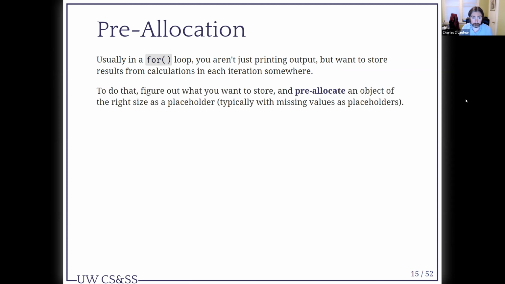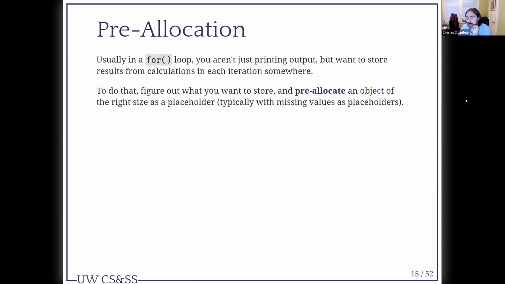So you need to figure out what you want to store from the loop, and create an empty object of the right size to store those values. You need some empty vector. If you want to do 10 calculations that generate numbers, you need a length 10 empty vector that you can put each one of those results in to store it.